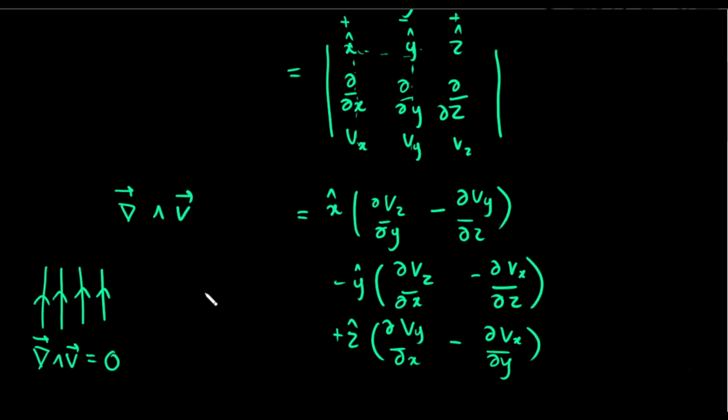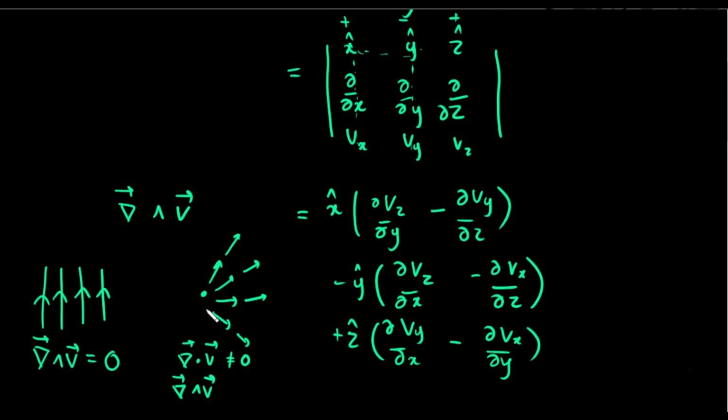If we have a point like this, and the vector field spreads out from the given point, that means we have a divergence, but the curl is equal to 0.